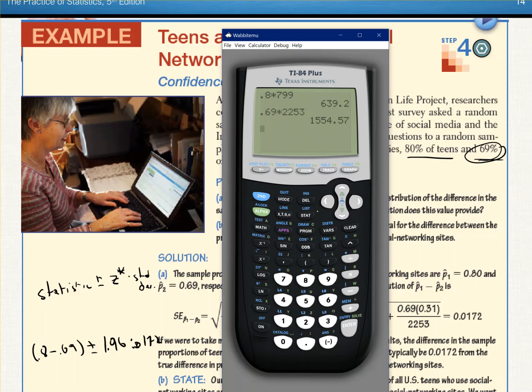So 639 and 1555, notice if I go back in there, stat tests, 2-PropZInt, that's what I meant to say. 639 and 1555. That's where those numbers come from.